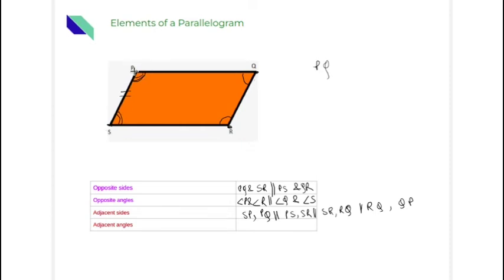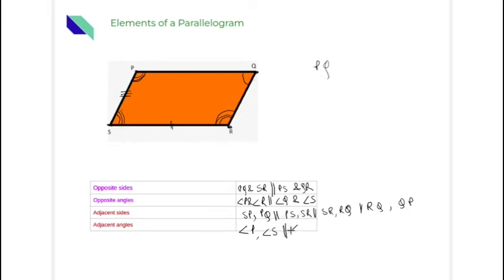Angle P is made up of PS and PQ. Angle S is made up of PS and SR. That is, PS is common between angle P and angle S. So that's why angle P and angle S are adjacent. Now if we consider angle S and angle R, these two are also adjacent. Why? Because they have a common side, that is SR.